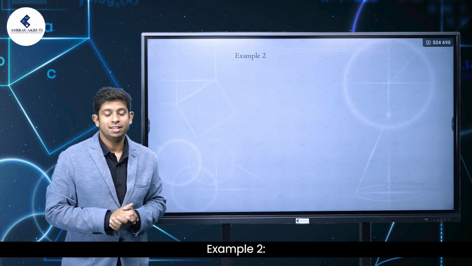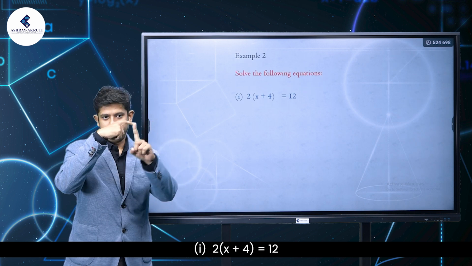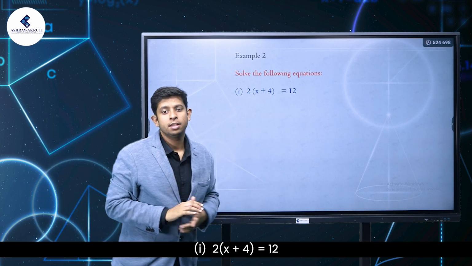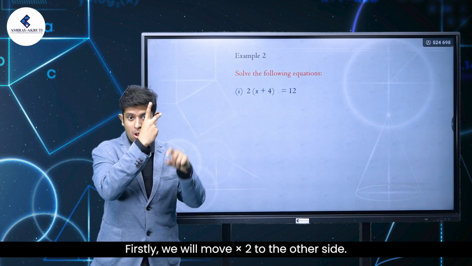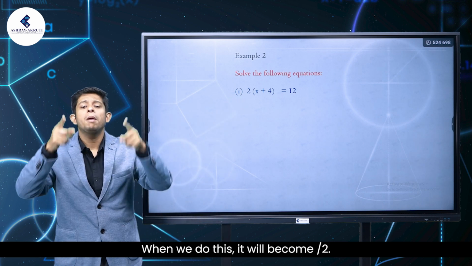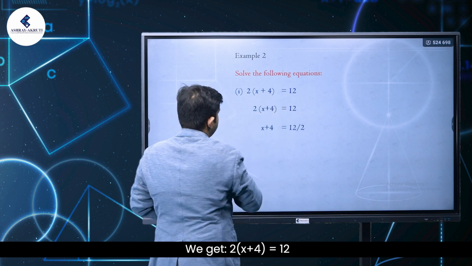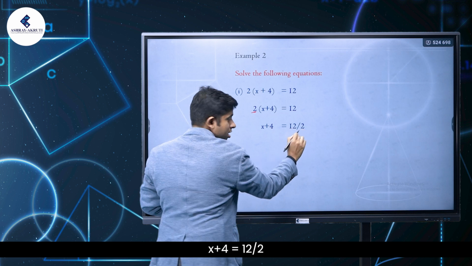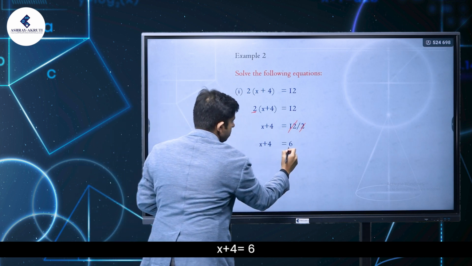Example 2. Solve the following equations. 2(x + 4) = 12. Firstly, we will move multiplication by 2 to the other side. When we do this, it will become division by 2. We get x + 4 = 12 by 2, x + 4 = 6.